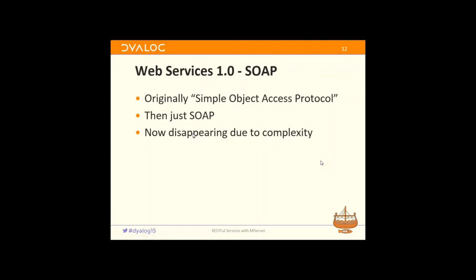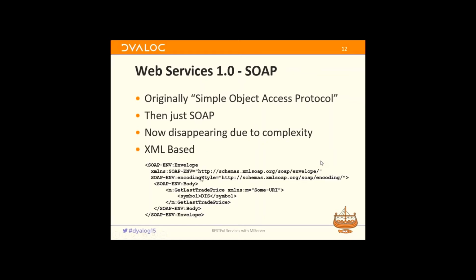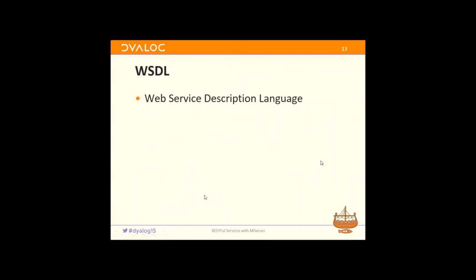It was XML based, and to make a function call, you would have all these headers and things that Joachim was talking about. The complexity of making a function call requires huge quantities of XML.